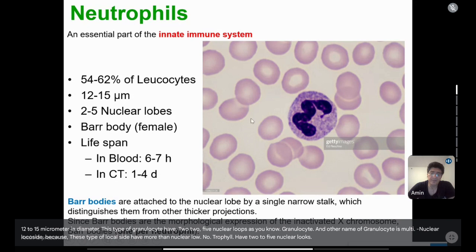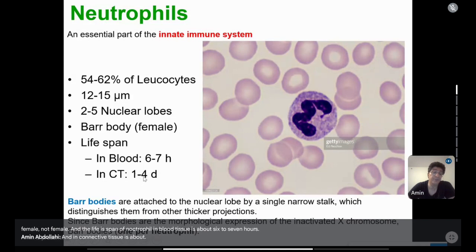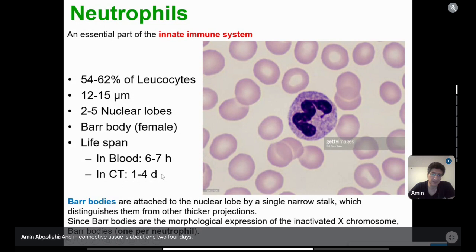And this type of granulocyte has a bar body in female, not in male, and the lifespan of neutrophil in blood tissue is about 6 to 7 hours, and in connective tissue about 1 to 4 days. What is the bar body in female, not in male?